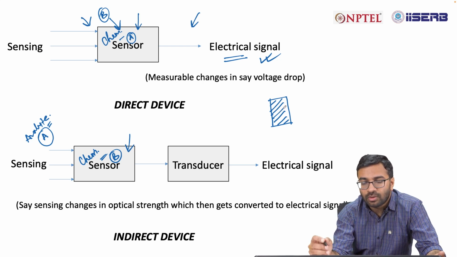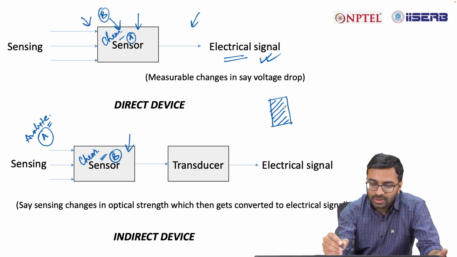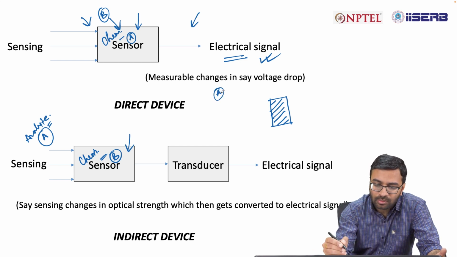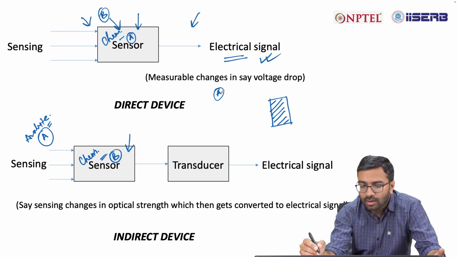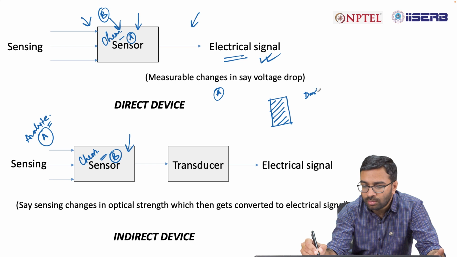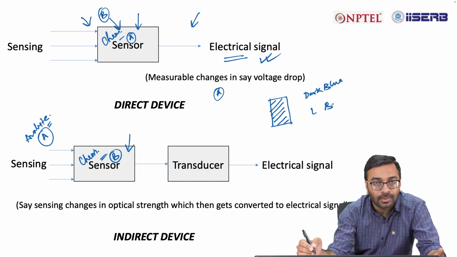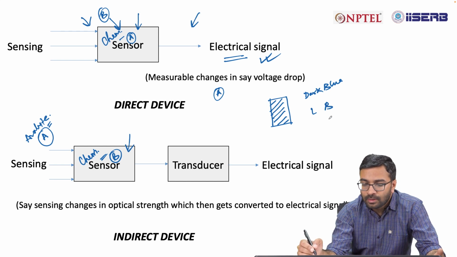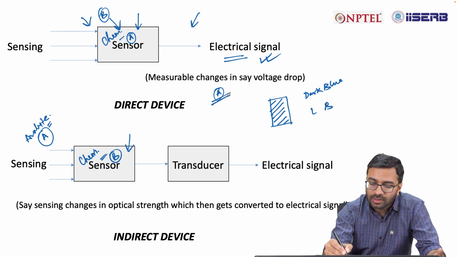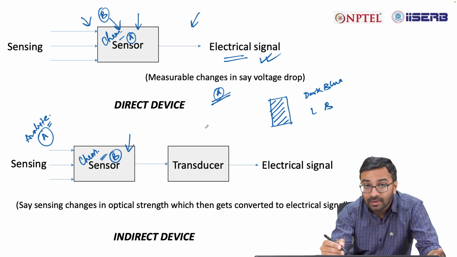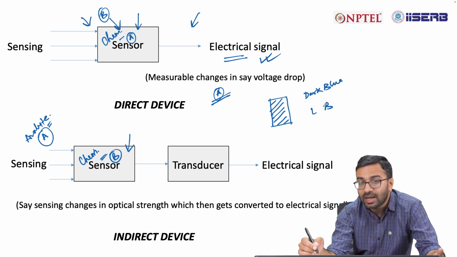So for example, again, due to the reaction the color of the sensor changes from dark blue to a lighter shade, so light blue. Now if the concentration of this analyte is high, we get a lighter shade.